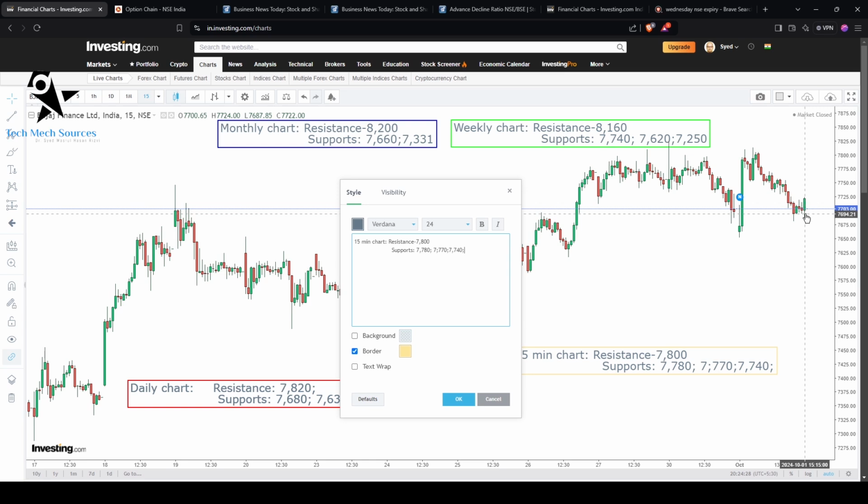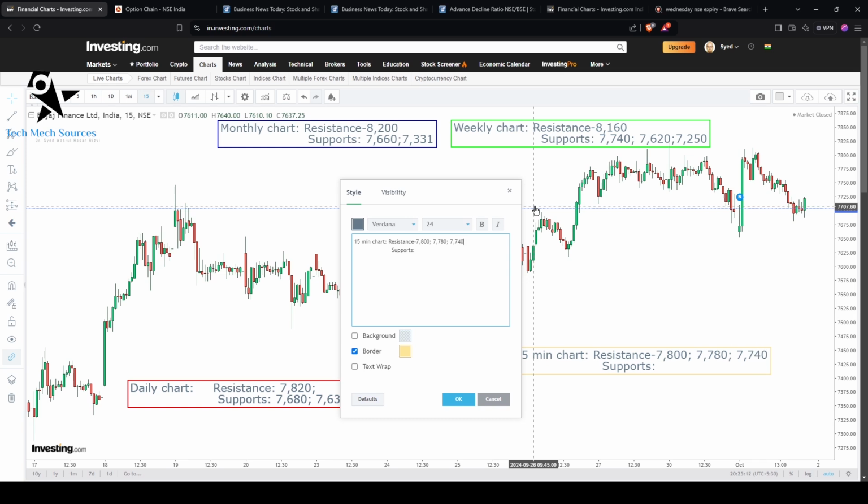Still, it is above the spot price, so we look for more supports. In fact, these are the resistances, not the supports, because our spot is below this. 7,800 was there, and then we discussed 7,780, then 7,740.